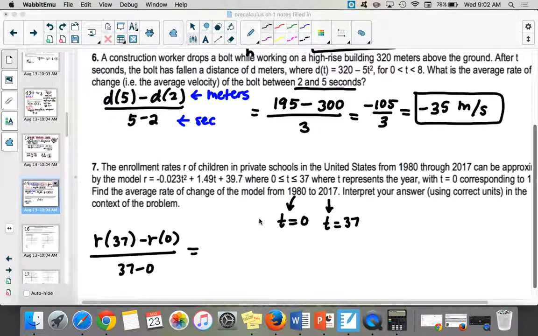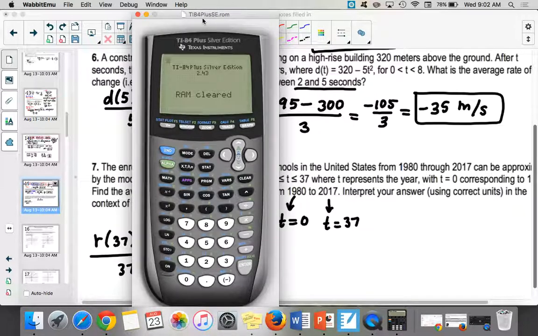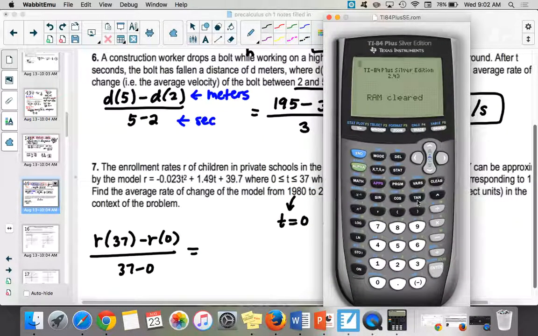So go to y1, and I want you guys to put in this function, negative 0.023, and you can use x. So negative 0.023 x squared plus 1.49 x plus 37, or 39.7, sorry.